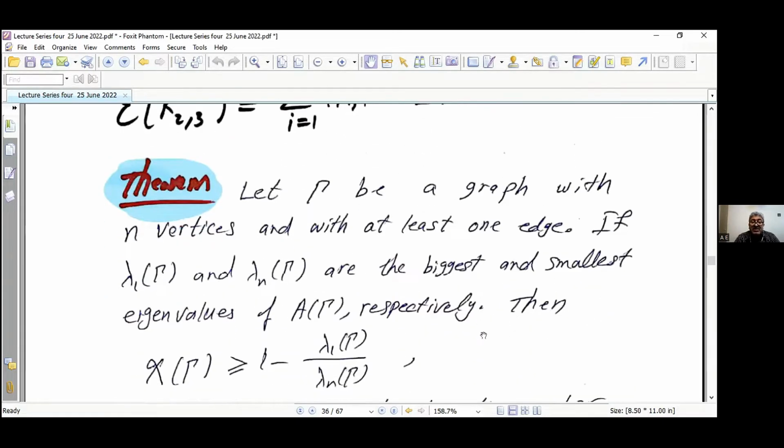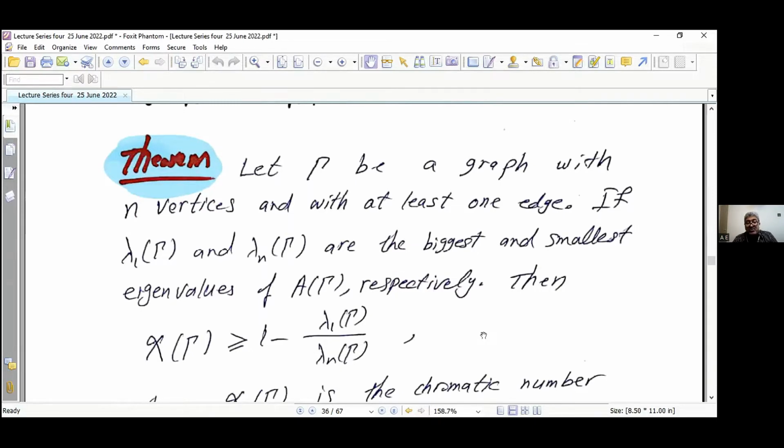We may use the eigenvalues, and also sometimes the energy, to give a relation between eigenvalues and the chromatic number. This is a lower bound for the chromatic number. Chromatic number means we may have a k-coloring. It means that we may give a color to each vertex with the condition that we don't have the same color for adjacent vertices.